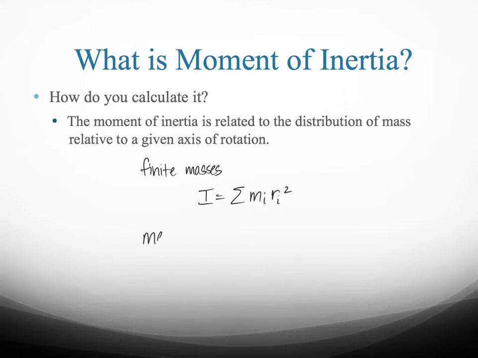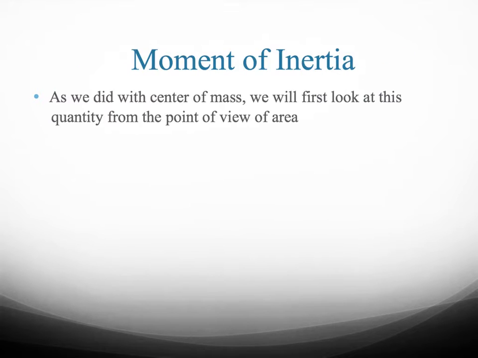If you have a continuous mass distribution, as you might expect, the calculation changes from a summation into an integral: the integral of r squared times dm. All right, so that's how we define the moment of inertia in general physics.